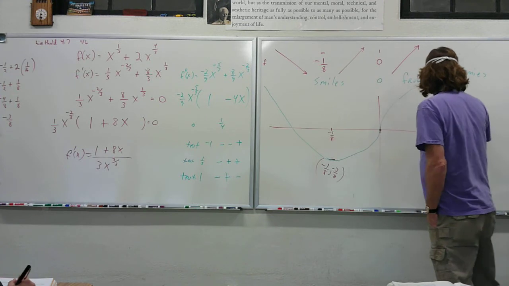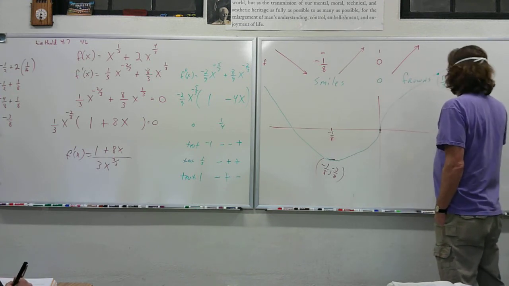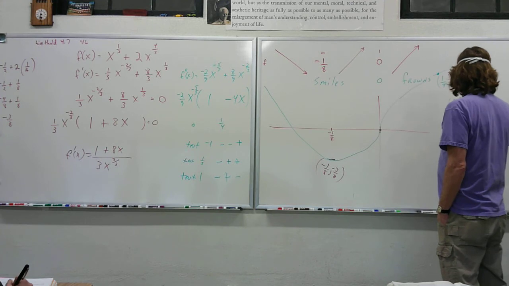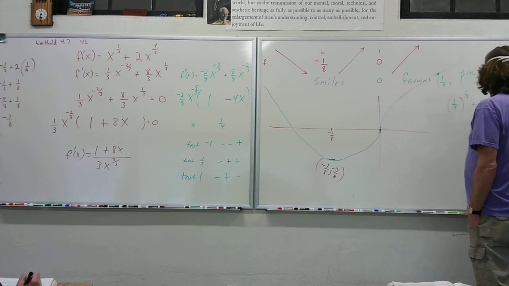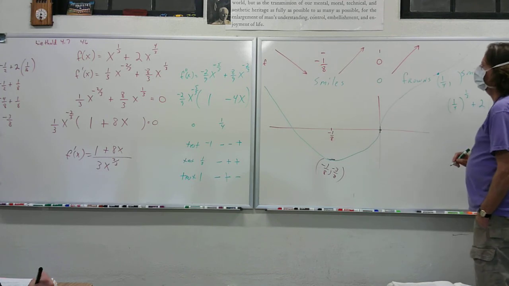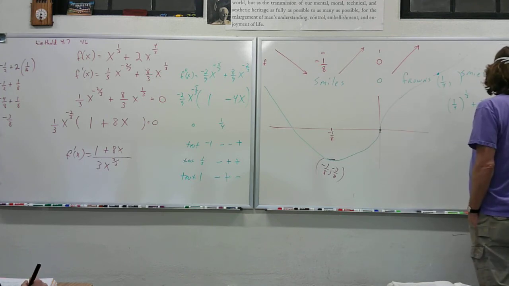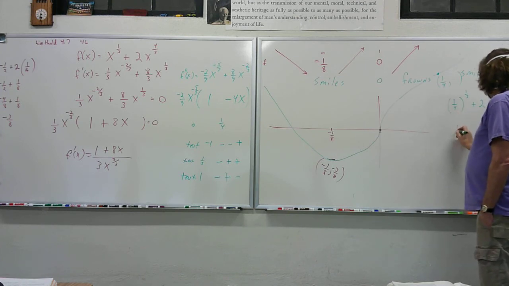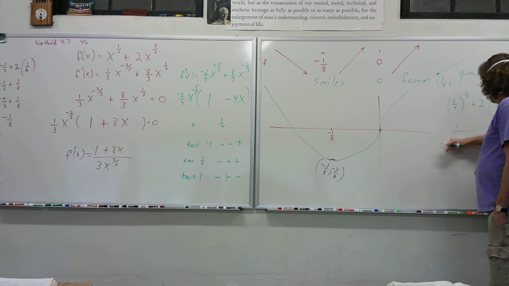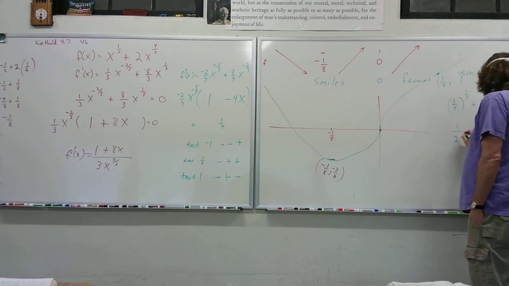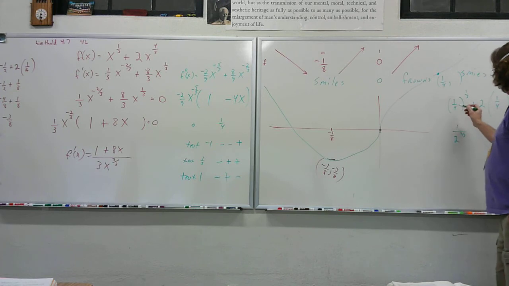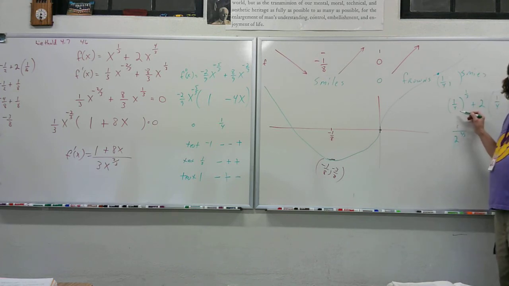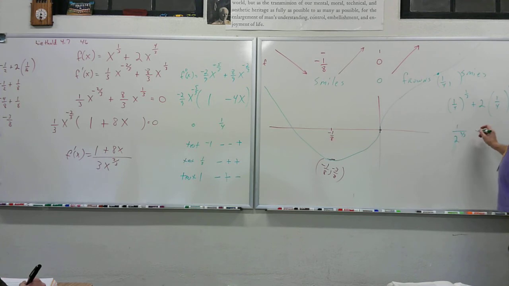It's 1/4 raised to the 1/3 plus 2 times 1/4 raised to the 4/3. The scary part is, I'm just going to write 1/4 to the 1/3 or 2 to the 2/3. Does everybody agree that 4 is 2 squared? So I'm going to make that 2 to the 2/3. And the reason I'm going to do that is because then I'm going to make this 2 over 2 to the 8/3.